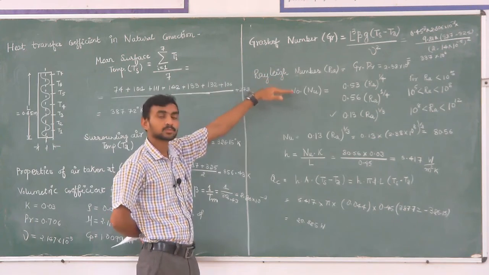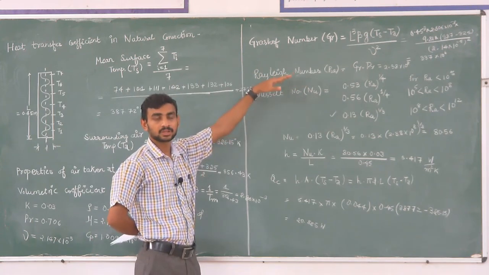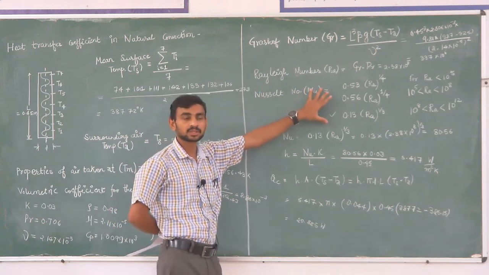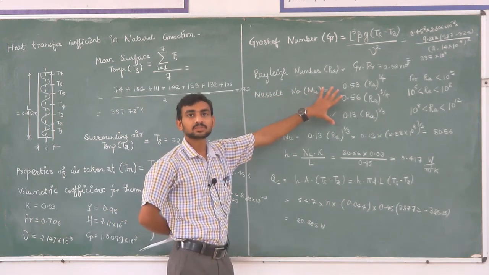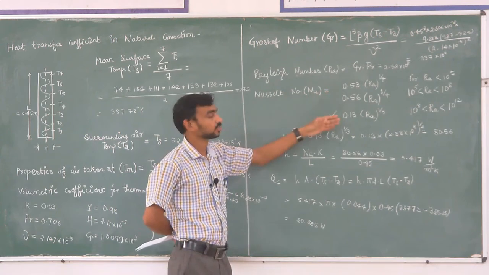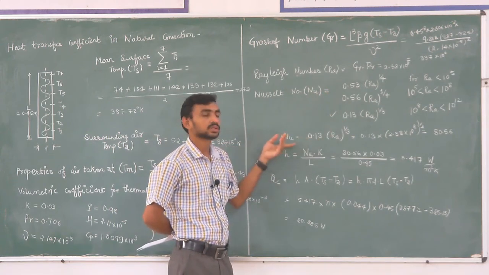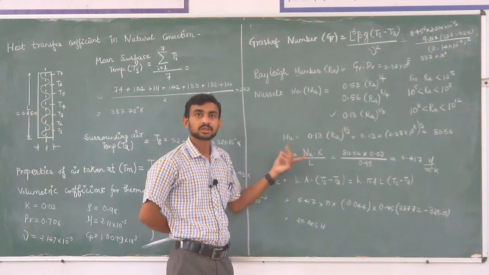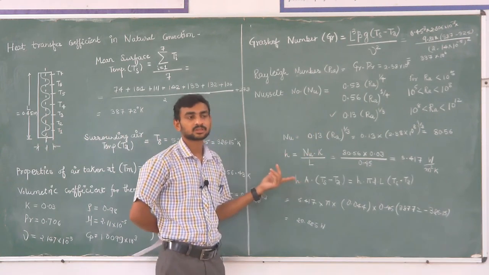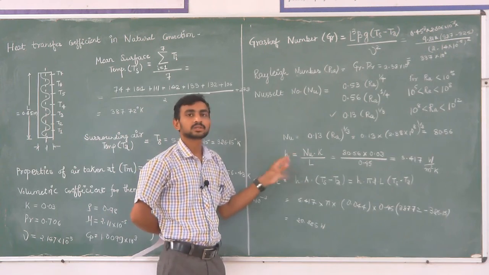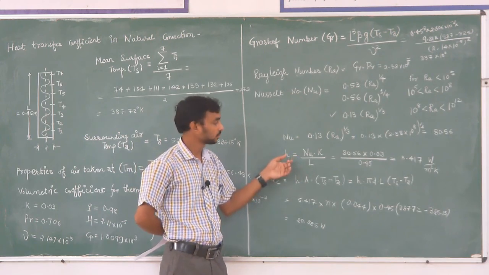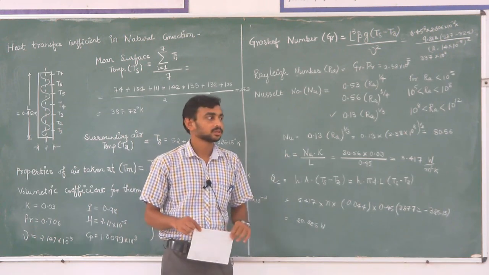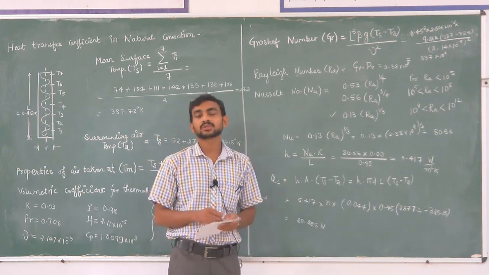Then the product of Grashof number and Prandtl number is the Rayleigh number, and based on the value of the Rayleigh number, we determine which empirical relation is applicable for the present case, and for our case it is the third one. Then based on this empirical relation, we calculate the Nusselt number, and once the Nusselt number is known, we easily find out the heat transfer coefficient, and after that the heat transfer rate. So, this is how we calculate the heat transfer coefficient for natural convection.